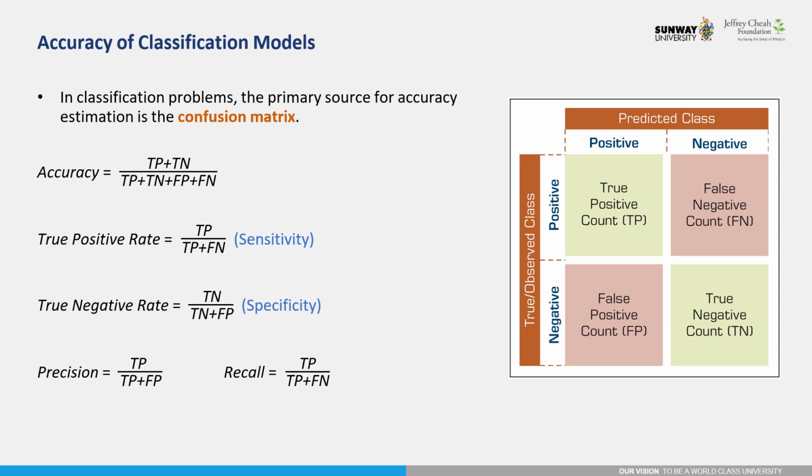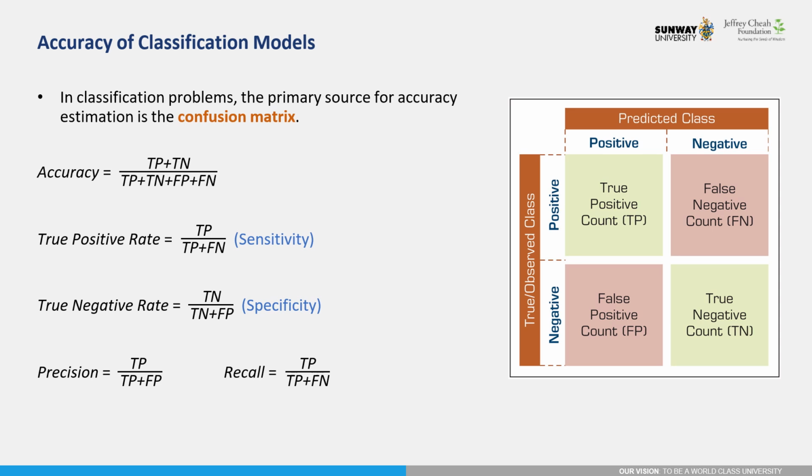So we have true positive, true negative, false positive, and false negative. You can easily compare these columns and then find the accuracy. The formula of accuracy is true positive plus true negative divided by true positive, true negative, false positive, and false negative. So you can easily find the accuracy of that particular model.